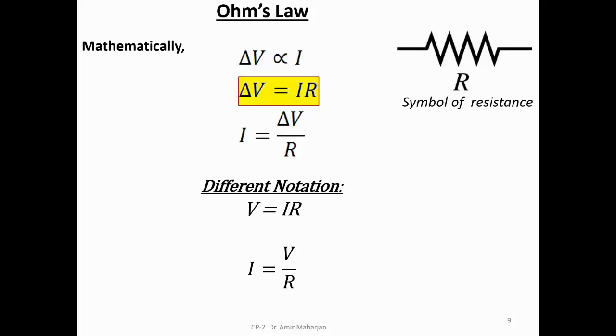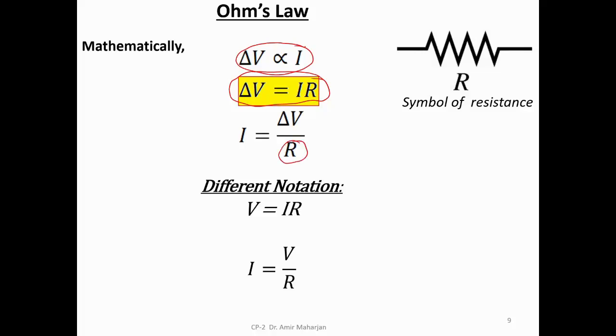If you apply more voltage across the conductor or across any material, it drives more current through the conductor, and that's simply Ohm's law. It says the voltage, or potential difference, is proportional to the electrical current through the circuit. Because it's proportional, you need some constant, and R is called the resistance.